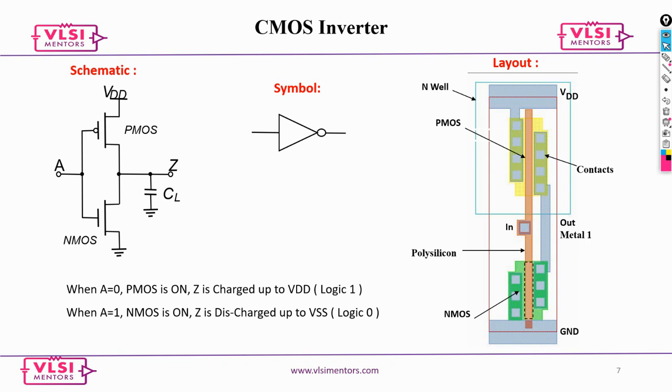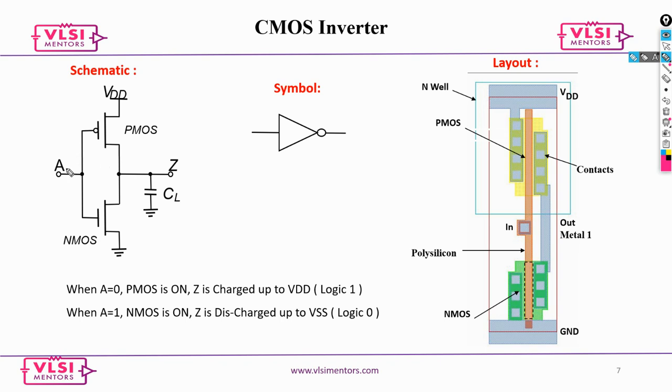With the zero input, the PMOS gets activated and the load capacitor charges through the PMOS. At the same time, the NMOS would be open circuit. When the input changes, the NMOS gets activated and the supply is disconnected from the PMOS pull-up network. At that time, the load capacitor gets discharged by the NMOS to the ground. So when we apply zero, we get one at the output and vice versa.